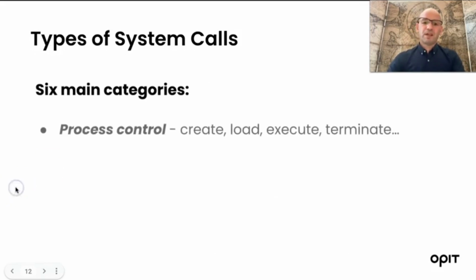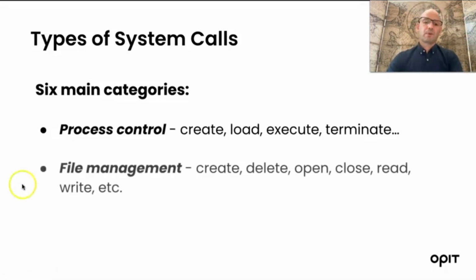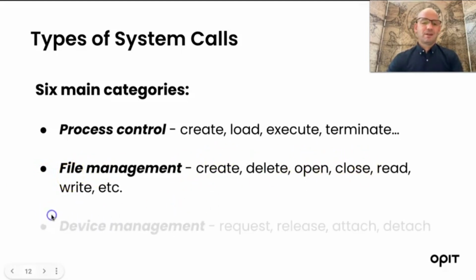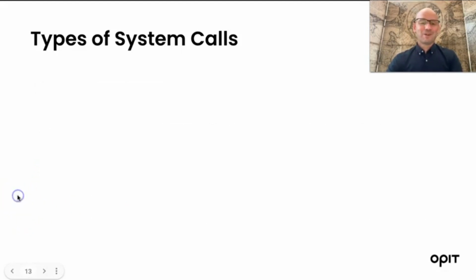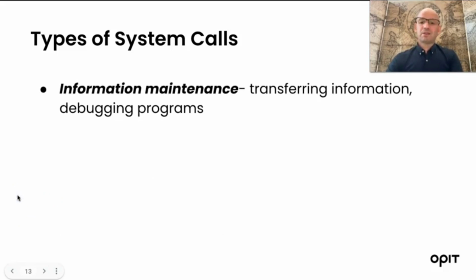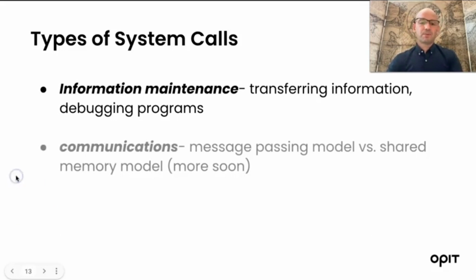Now there are 6 types of system calls. Just to go through them, there's process control: create, load, execute, terminate. File management, which is pretty standard: create, delete, open, close, read, write, etc. Device management: request access, release, attach to a device, detach. Information maintenance: transferring information, debugging programs.